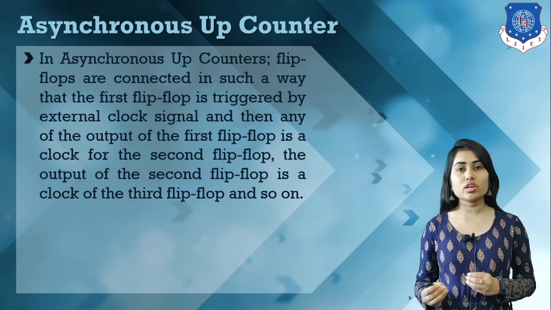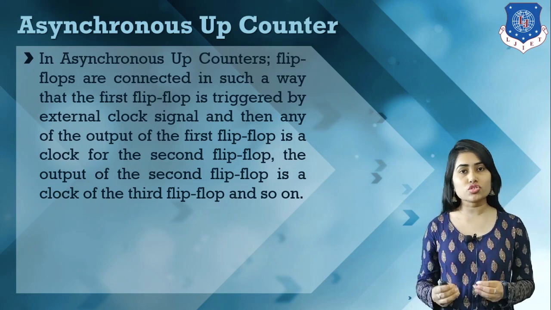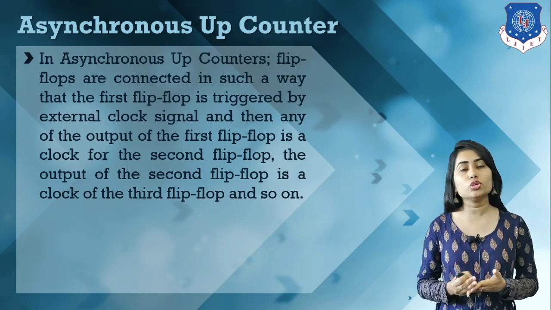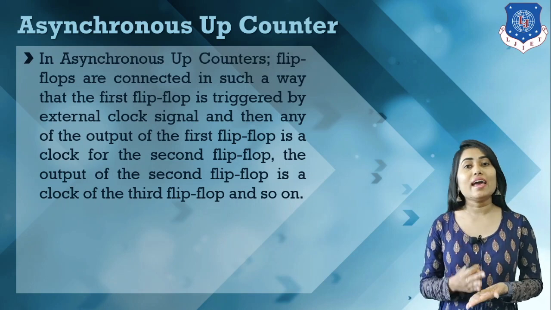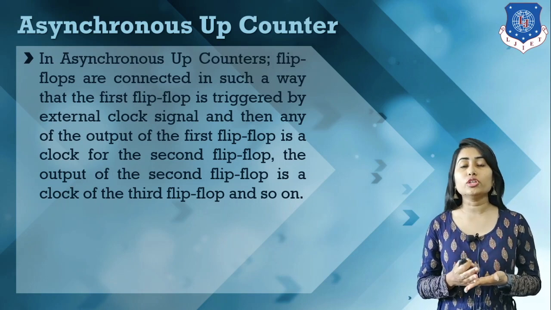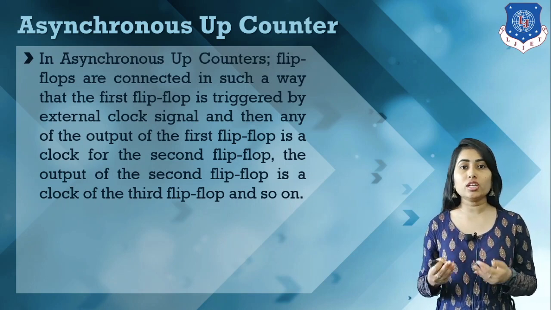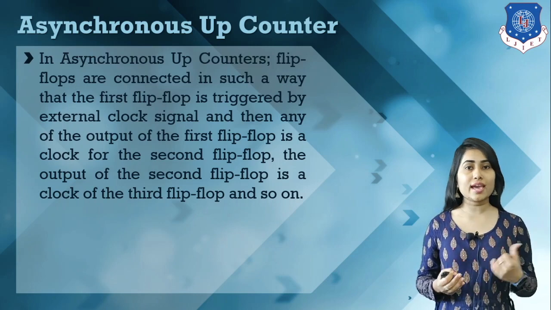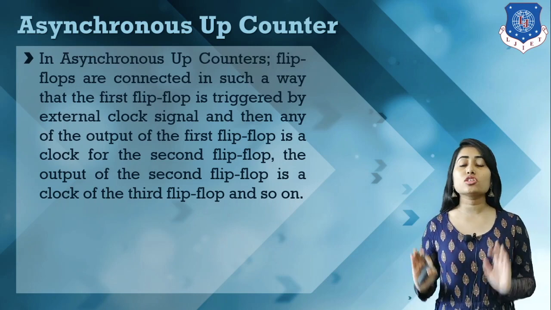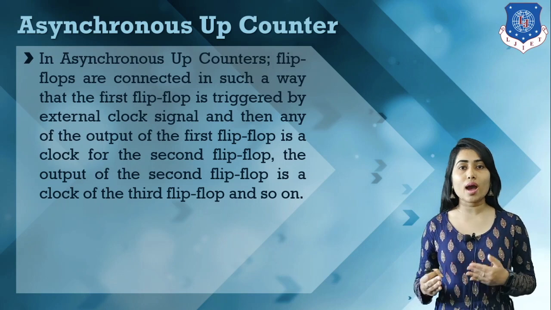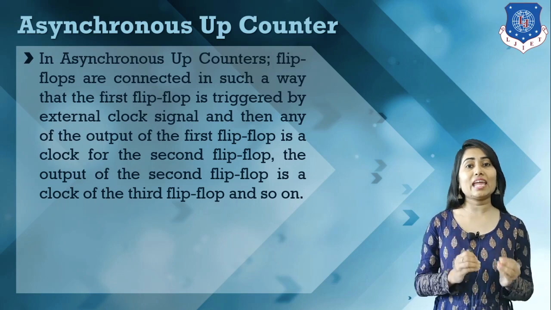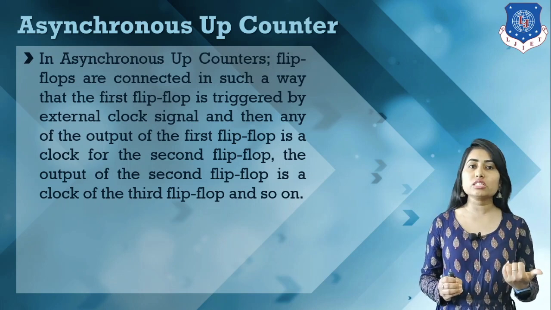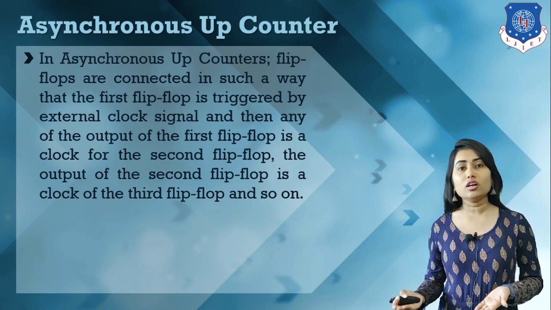Then we have a total of 2 outputs, either Q or Q dash, and according to the requirement we can connect either output of the first flip-flop as the clock of the second flip-flop.